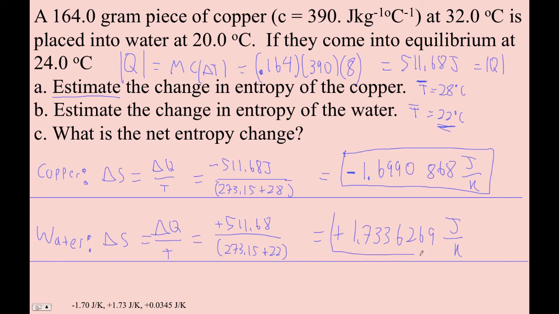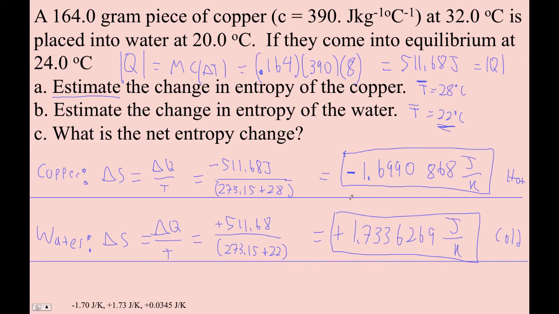Now notice this will always be the case when heat flows from hot to cold. The decrease of the hot thing's entropy will always be smaller than the increase of the cold thing's entropy, and that's because of this denominator, right? Hot things have a bigger denominator, therefore it's a smaller change in entropy.